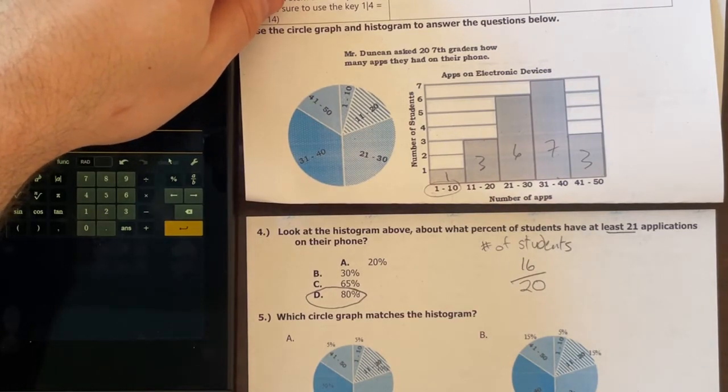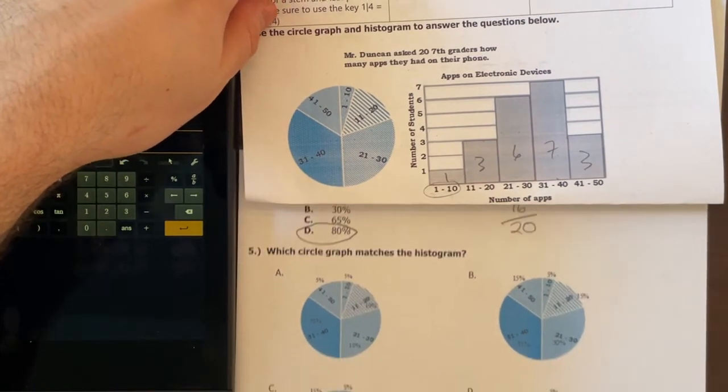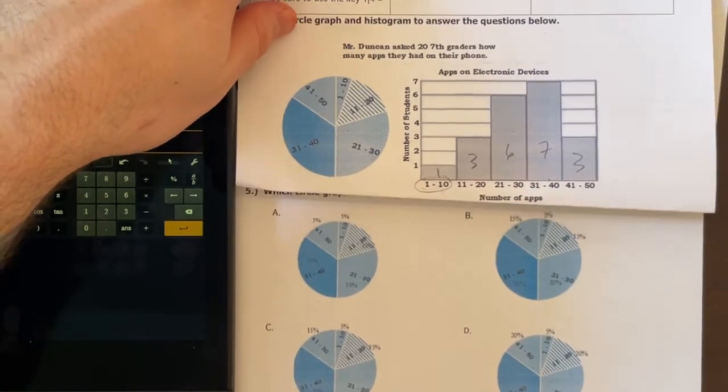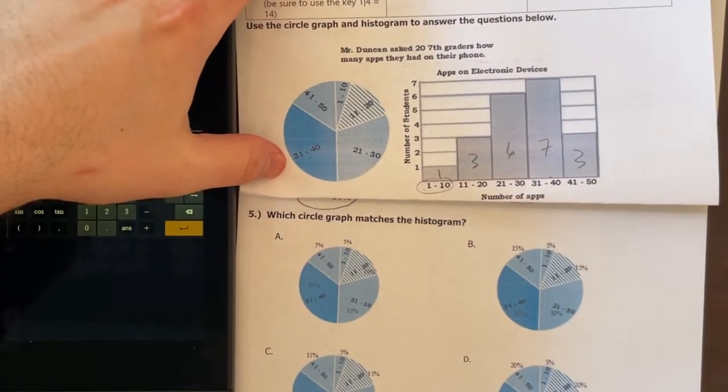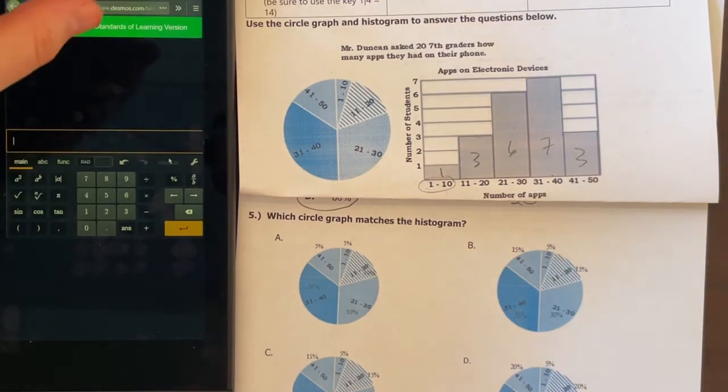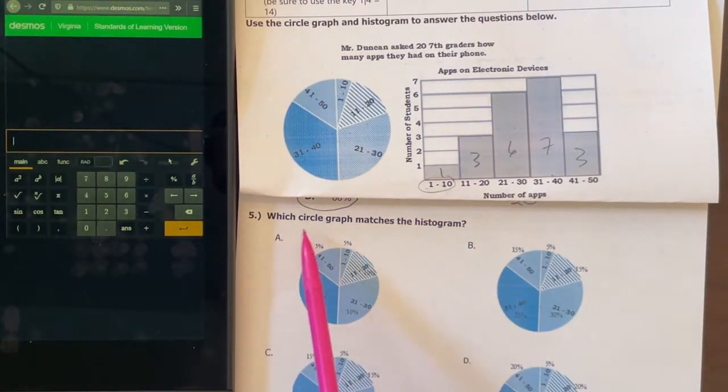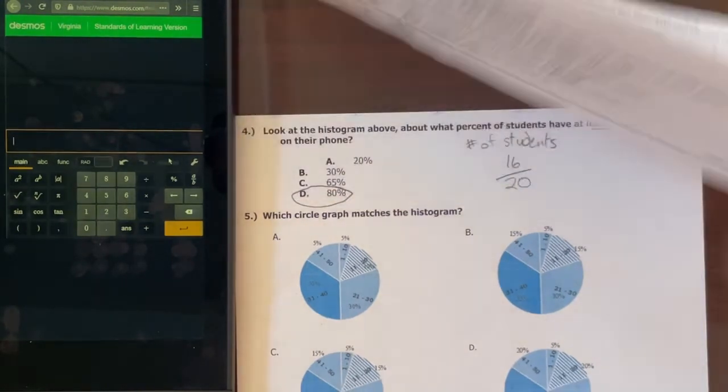Moving on. All right, so for number 5, it says, which circle graph matches this histogram? It gives you those percentages that you were looking at. So what was that percentage that we had on that last one?